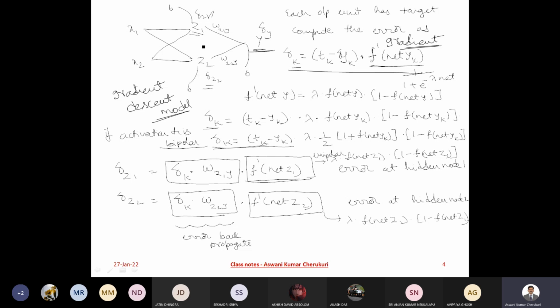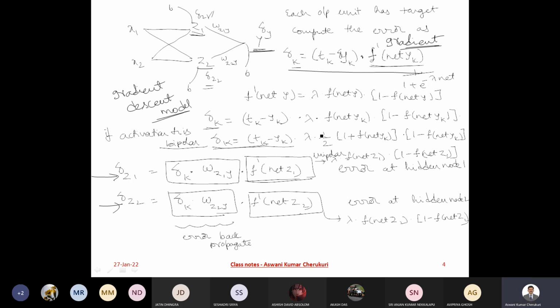That means from the output layer to the hidden layer by multiplying the gradient with the corresponding connection weights, and hence again in the hidden layer we calculate the hidden layer gradients.